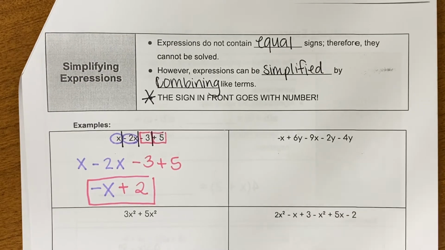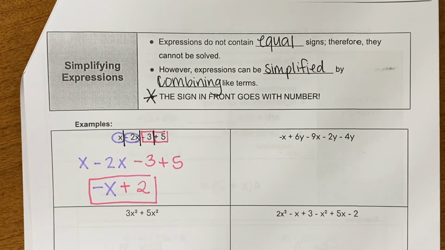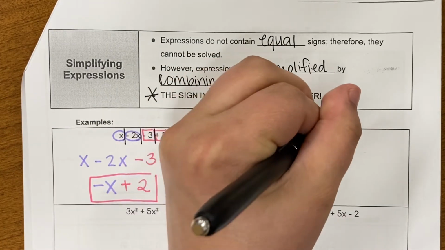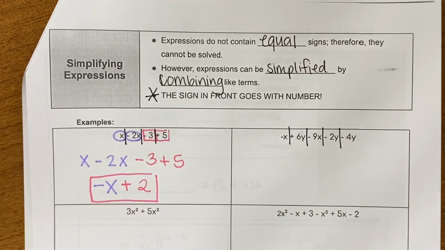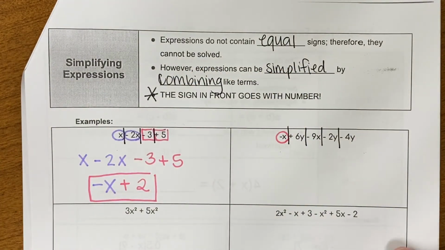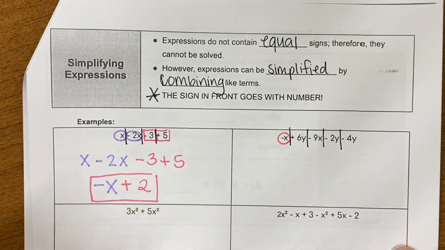Let's do the same thing for this example here. I know that my terms are separated by addition and subtraction signs. So I'm going to first separate all of my terms. Then I'm going to identify like terms. I'm going to start with my x's, and identify any other term that has an x with the same exponent.